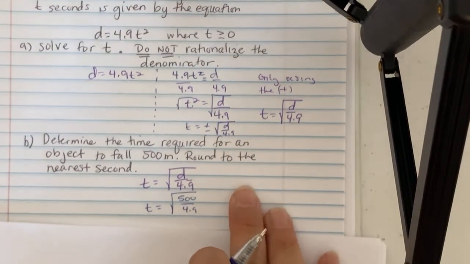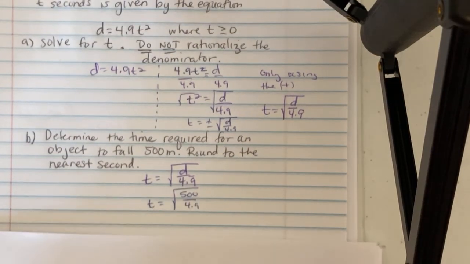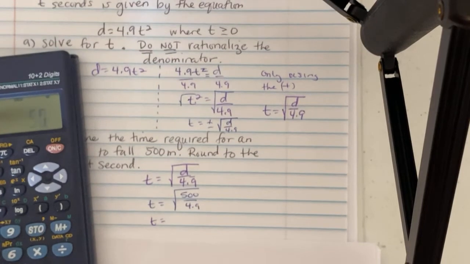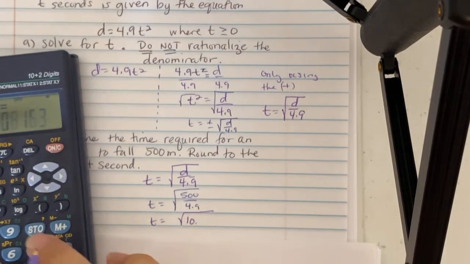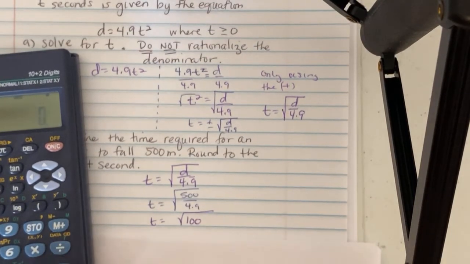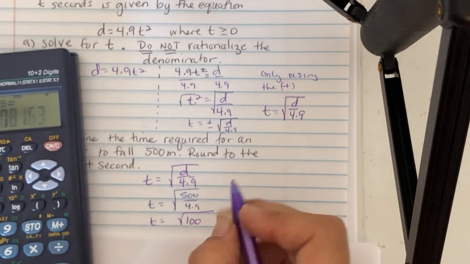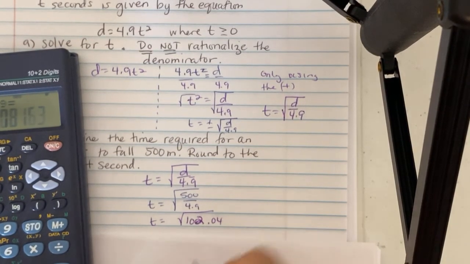First thing I would do is suggest taking the square root of the inside, dividing the inside first. So you end up with t equals the square root of 500 divided by 4.9. It's going to be 102.04. Then take the square root of your answer.